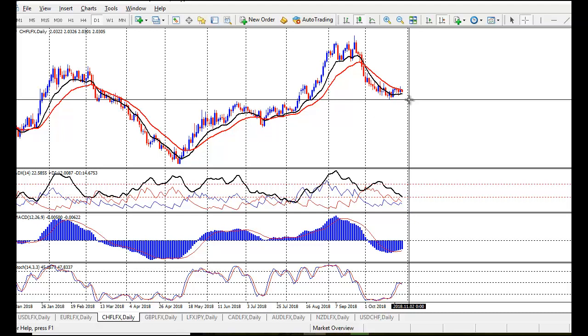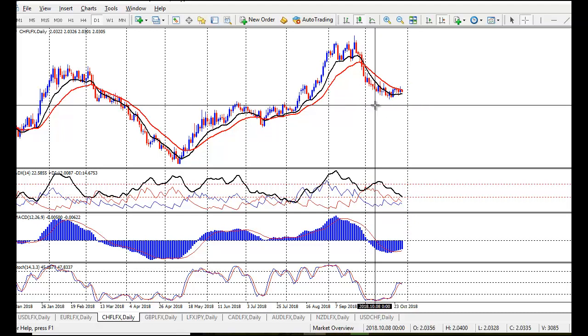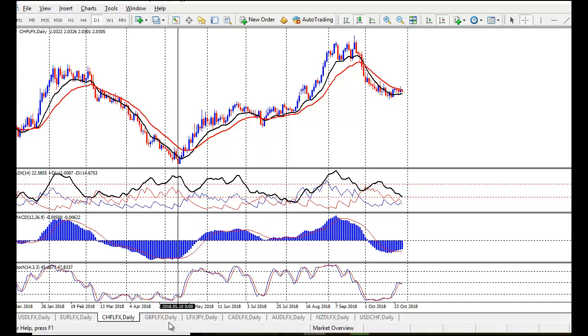CHF, use your own indicators, just take a small notepad, so you know that Swiss franc is moving sideways, so there is nothing much happening on Swiss franc, so you can ignore. This is only to know which is the currency that I should be trading in. As of now, nothing in Swiss franc.